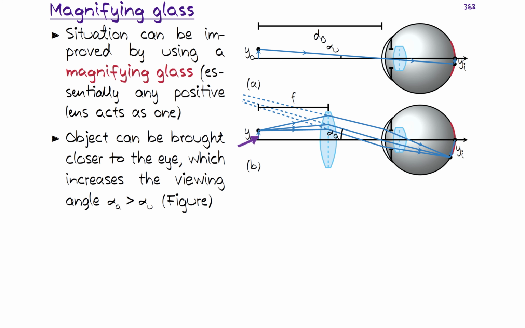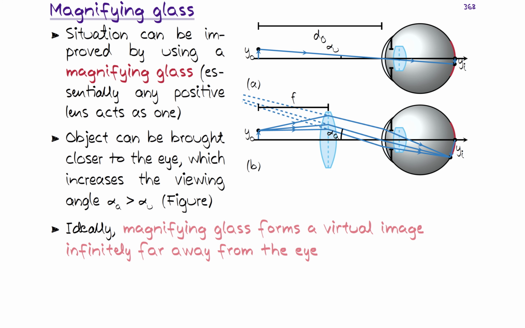This helps because the lens is forming a virtual image of our object, ideally at infinity. And then when our eye is forming an image of our object point that is infinitely far away, it seems that the bunch of rays forming the image through our eye are coming from a larger angle, and thus the image will be larger.